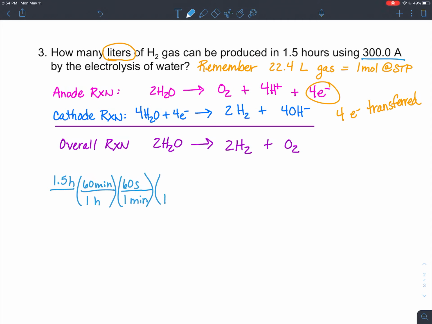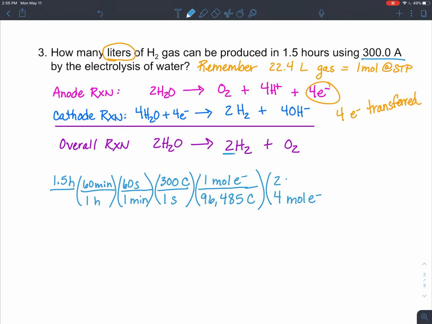For every 1 second, for our amperage, there are 300 coulombs. For every 1 mole of electrons that are transferred, there are 96,485 coulombs. For every 4 moles of electrons, now this is the tricky bit, we actually have 2 moles of H2.